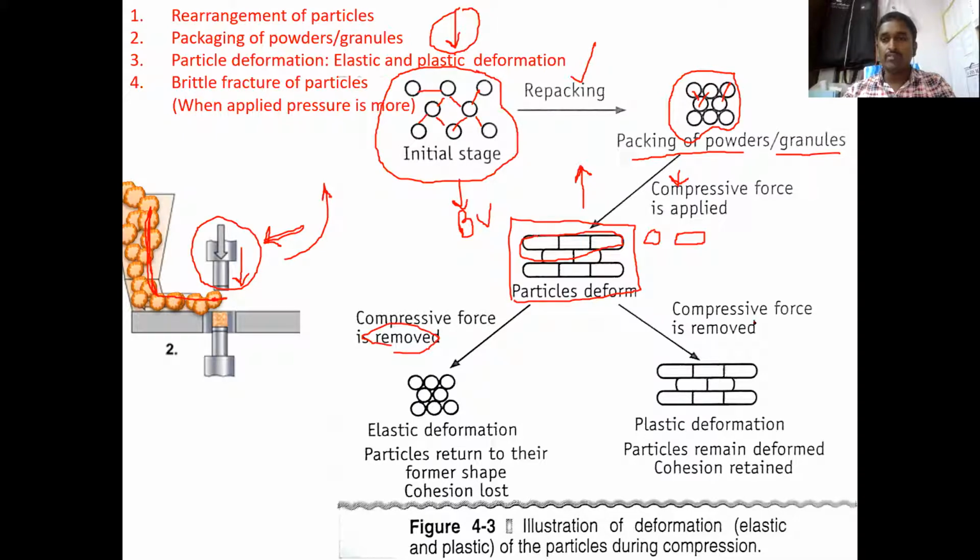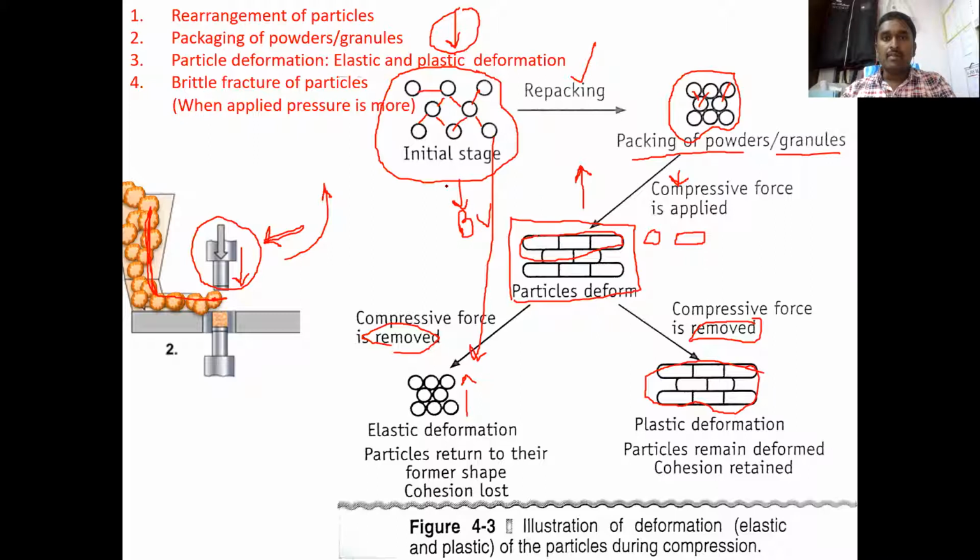If the powder under pressing is an elastic kind of powder, it will rebound to its original position, as round particles, as you saw before. They come back to their original position if elastic. If the powders taken for the tablet compression process are plastic, they are not going to regain any of the position. They will remain as such, that means in the flattened position. These are the two things that are going to happen.